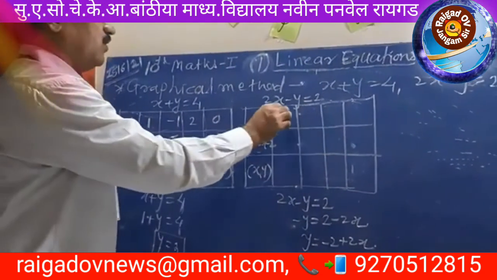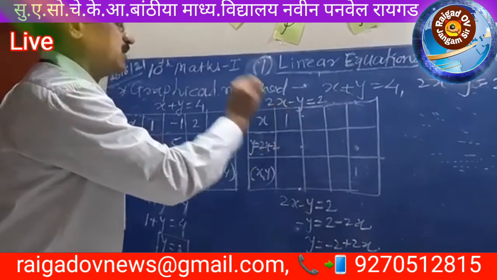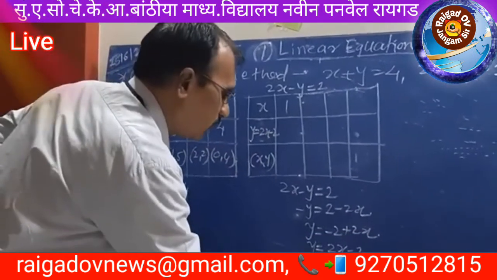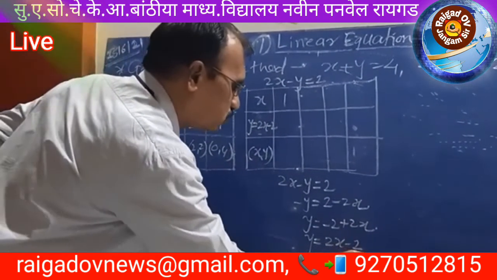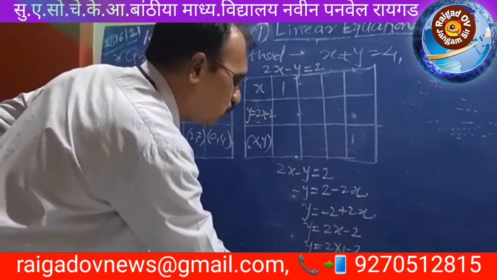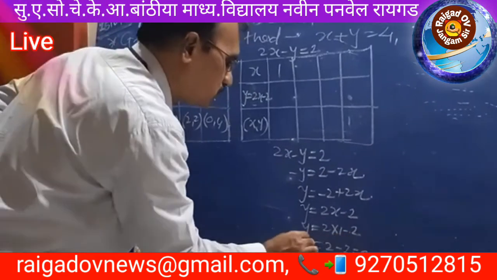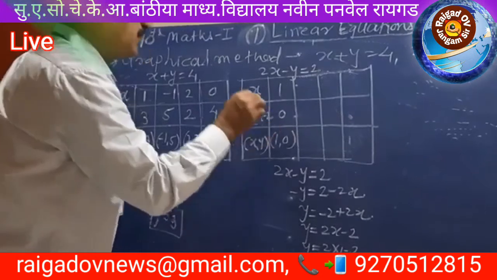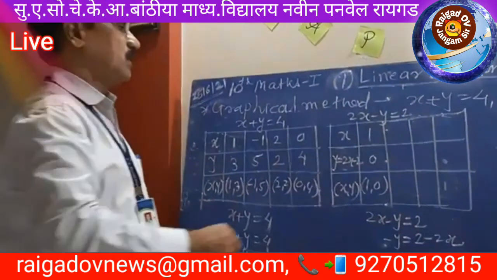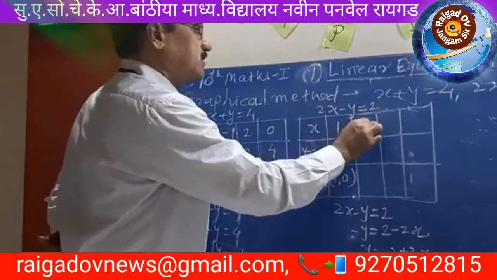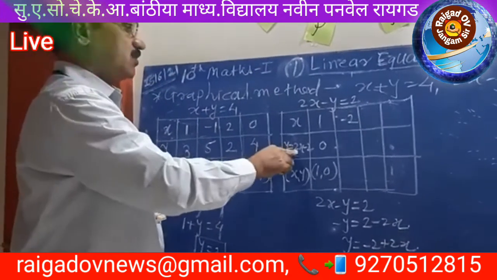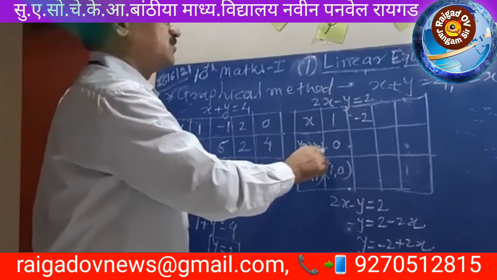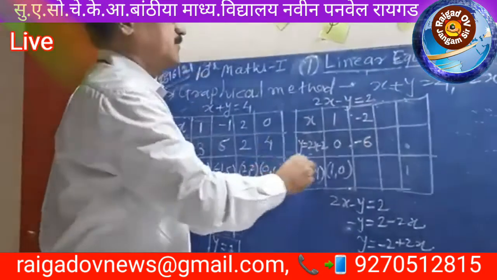Means if we take the value of x, suppose that will be 1, y is equal to 2 into 1 minus 2 is equal to 2 minus 2 is equal to 0. Means y coordinate 0 and first coordinate is (1, 0). Now if we take here minus 2, 2 into minus 2 is minus 4 and minus 2 is minus 6.